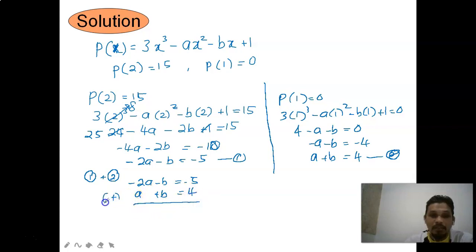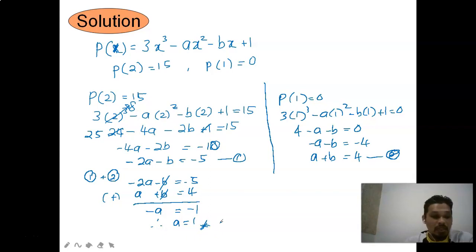Plus here, negative b plus b equal to 0, negative 2a plus a equal to negative a, negative 5 plus 4 equal to negative 1. So then a equal to 1.